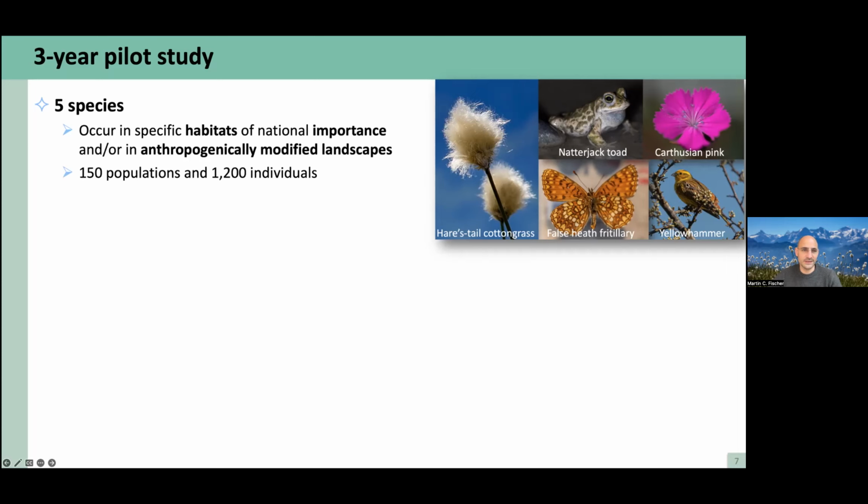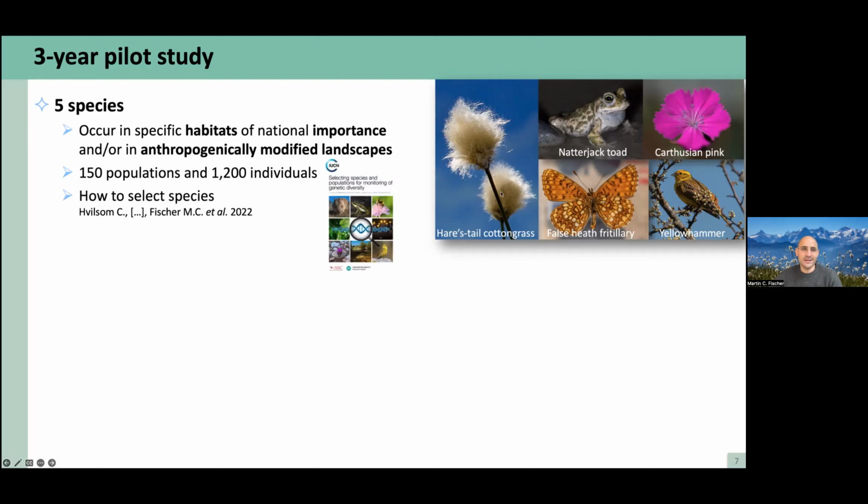humans. So the aim would be to sample about 150 populations. It means 30 populations per species and up to 1,000 individuals. And given the experience we got from selecting these 5 species, we were also involved in an IUCN guidance document on how to select species.